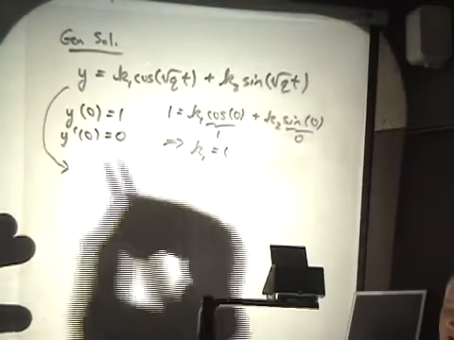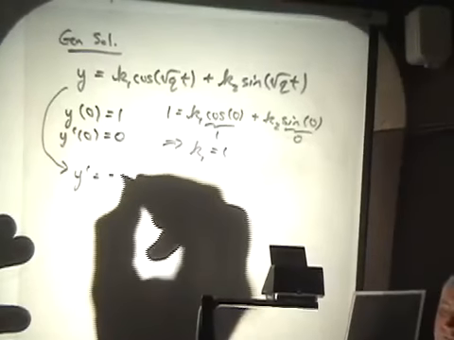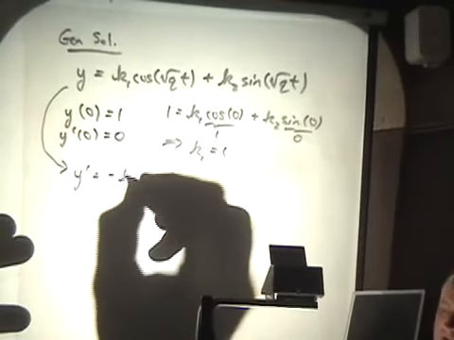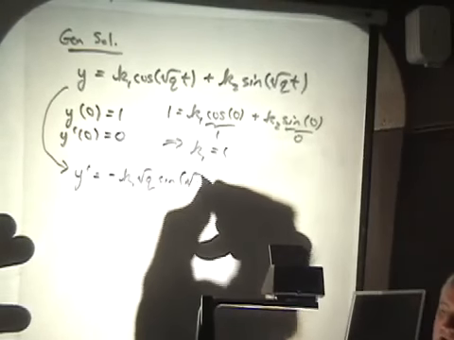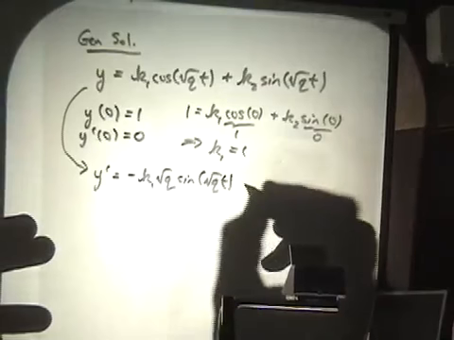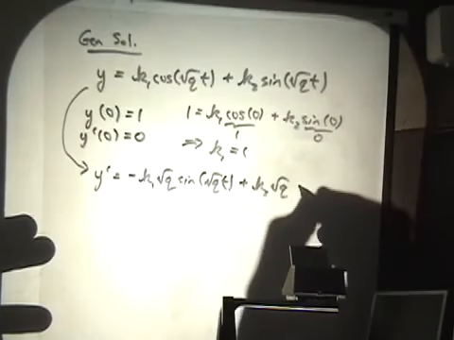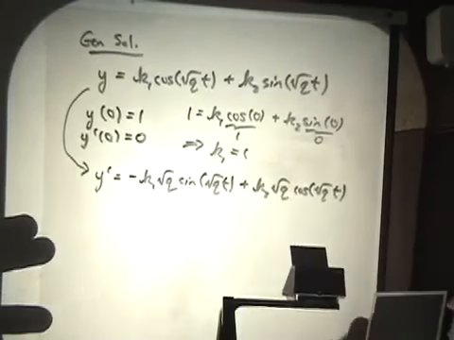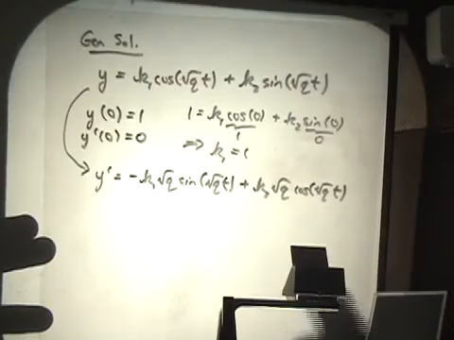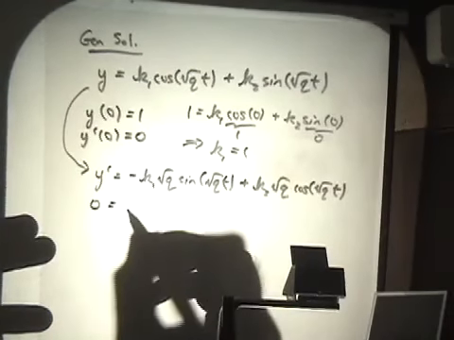If I take the derivative of y to get y prime, from the chain rule I'll get negative k1 square root of q sine square root of qt, plus k2 square root of q cosine of square root of qt. Just differentiating y. Plug in t equals 0 and set the result equal to 0.